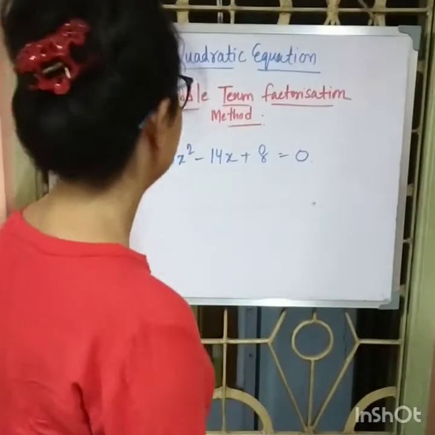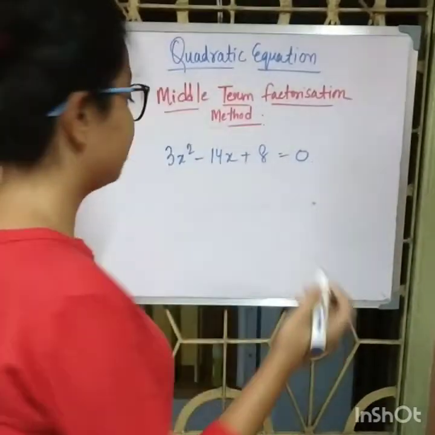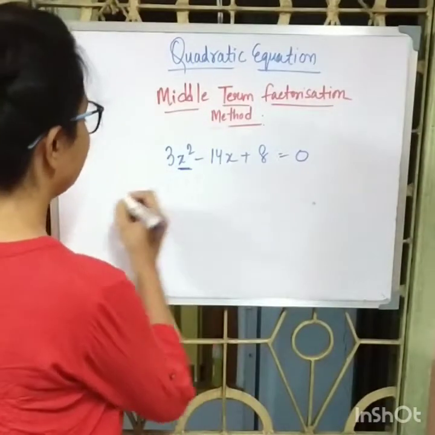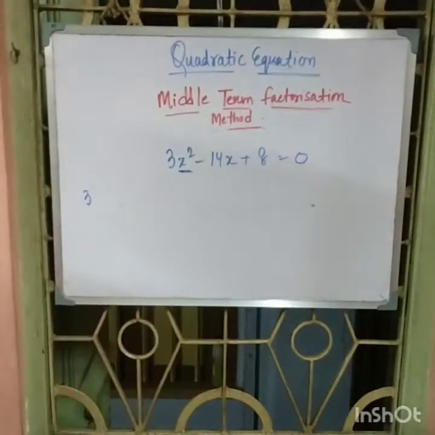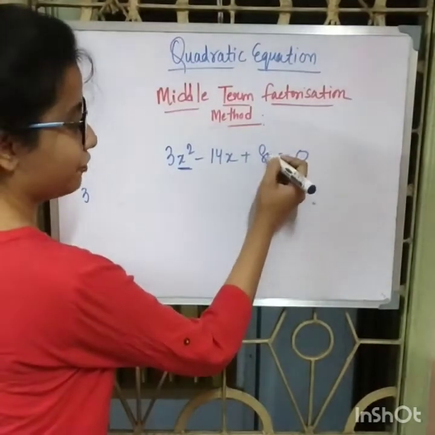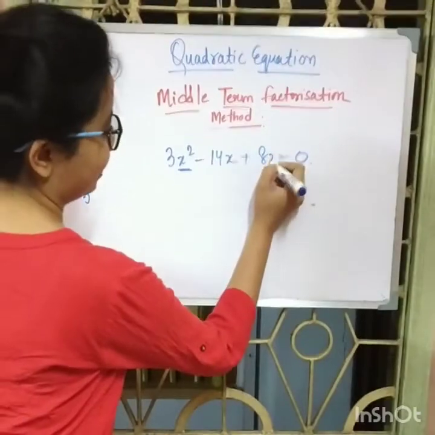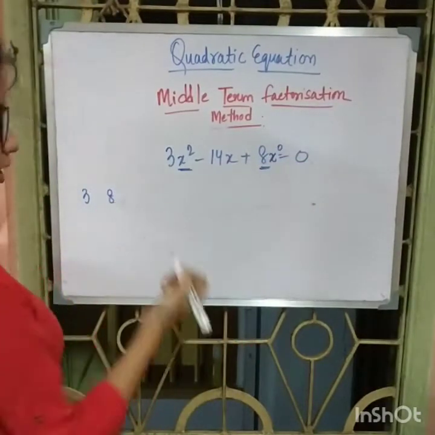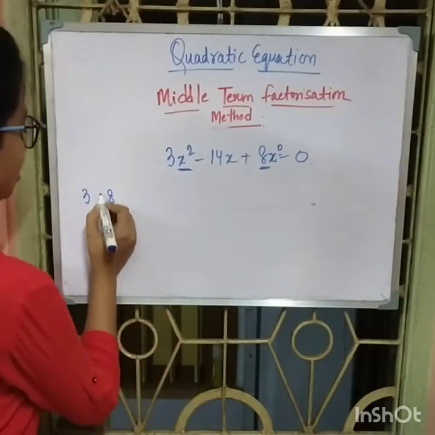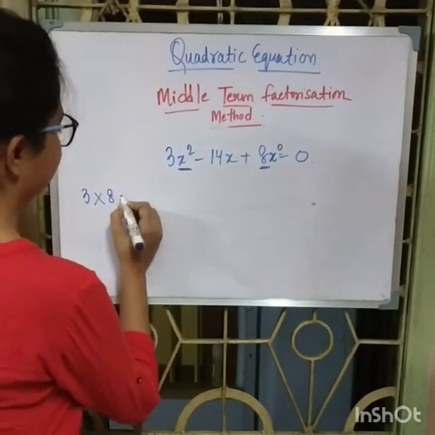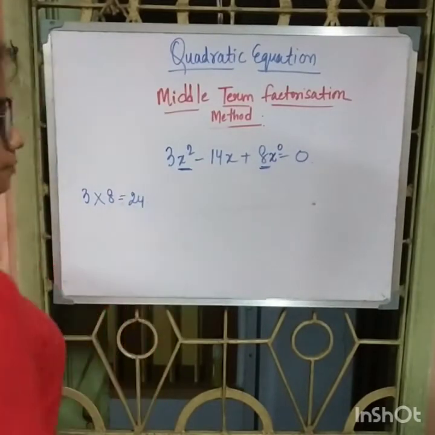At first, we are going to take the coefficient of x square, that is 3. Then we are going to take the coefficient of x to the power 0, which is 8, and we are going to multiply them. Okay, that comes to 24.